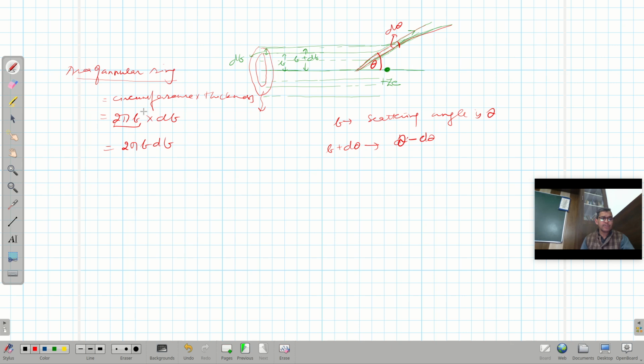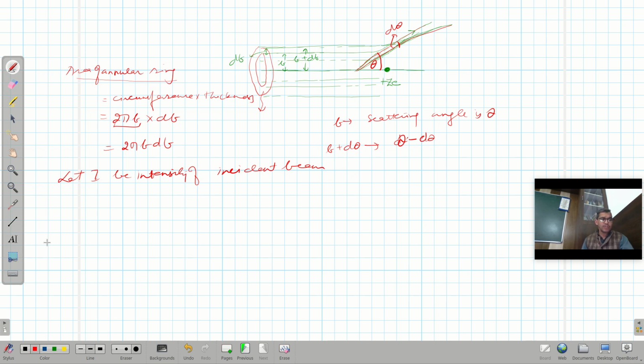And now let I be the intensity of the incident beam, and it is a beam of alpha particles. Intensity means the number of particles coming per unit area in unit time.